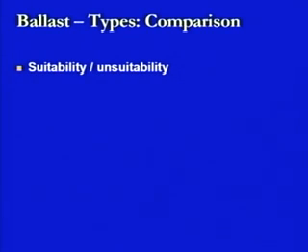So we have to look at whether all the materials can be used in all the locations or not. As we have seen, blast furnace slag is more suitable for use in yards or that type of sections, and therefore it is unsuitable for normal track conditions.